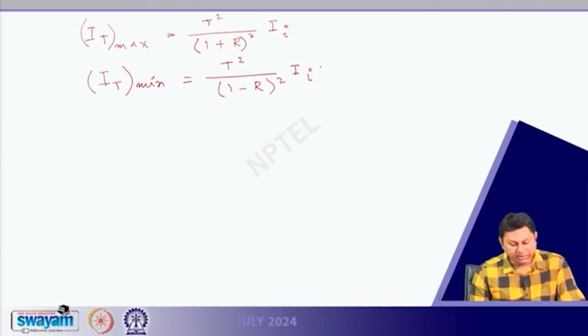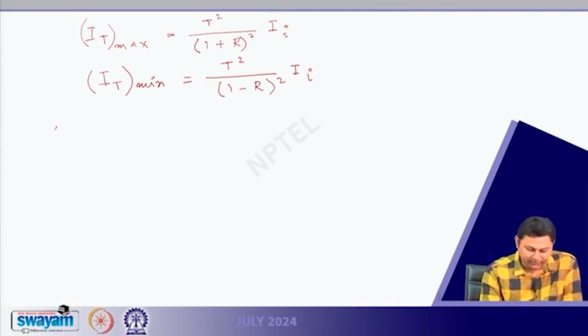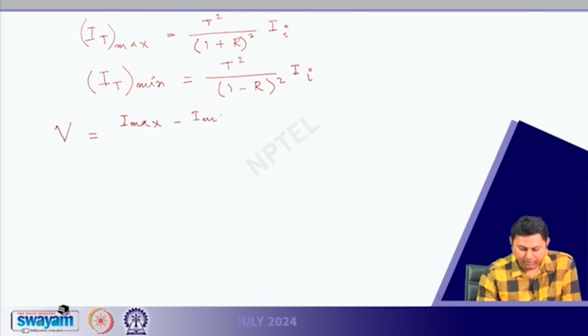Now, from here one can calculate the visibility, and the visibility of the fringes is determined by I max minus I min whole divided by I max plus I min.